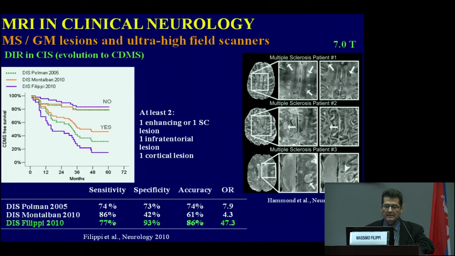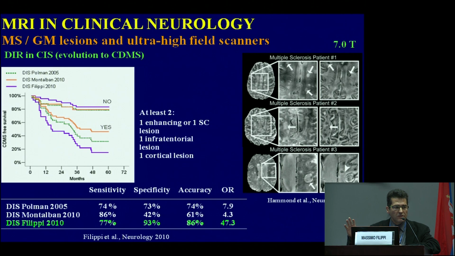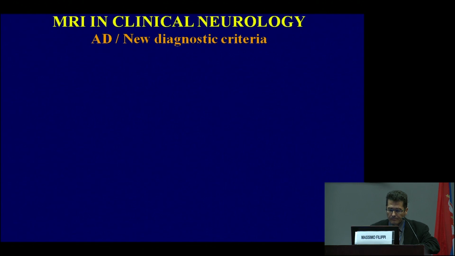So I guess that in the future, we will move from a paradigm which is based on quantitation, so counting lesions, to a qualitative paradigm where you will see some typical or even pathognomonic changes that are suggestive of MS. But this will come in a few years when ultra-high field magnets will be available worldwide.